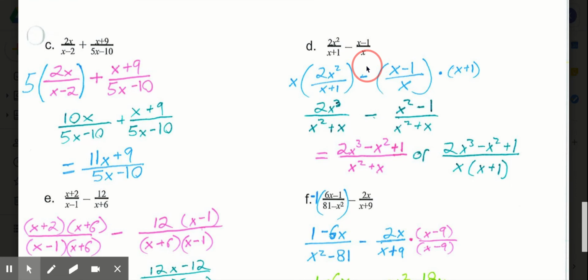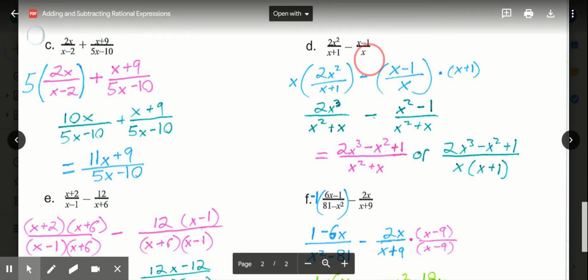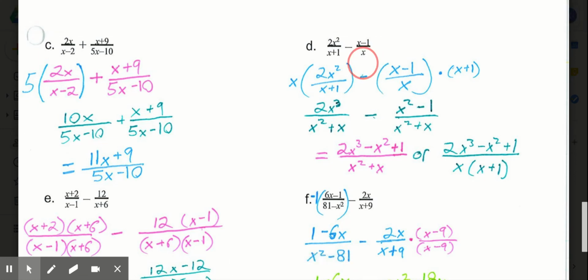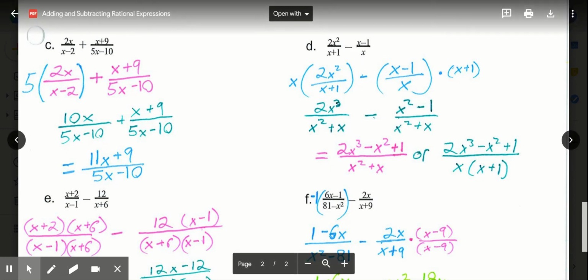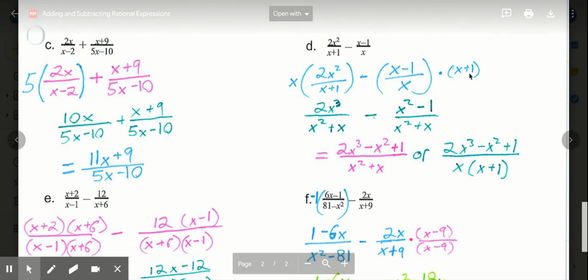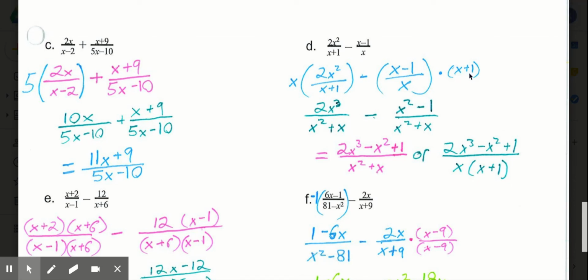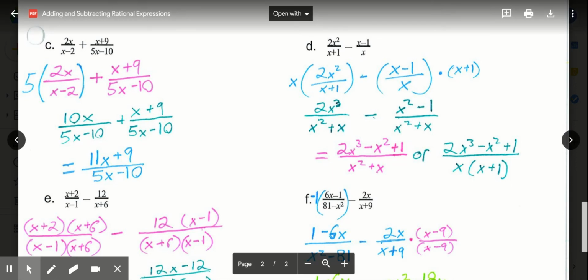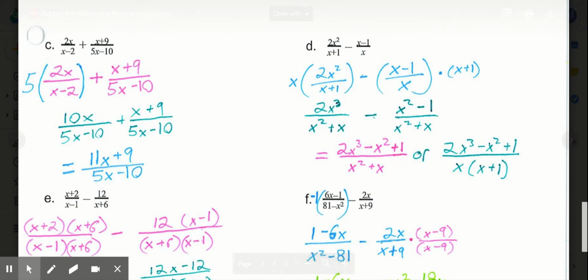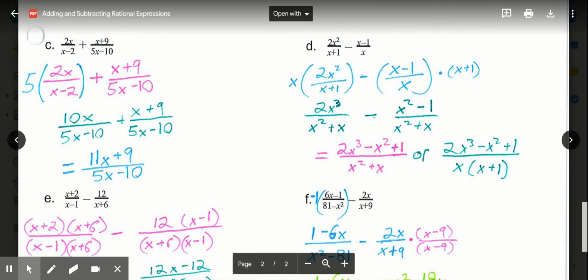In D, our denominators are x plus 1 and x. So if you can't think of an easy way to come up with a common multiple, you just multiply the two fractions by the other one's denominator. So on the left, we're multiplying by x, and on the right, we're multiplying by x plus 1. So we do our multiplication, and we end up with 2x to the third over x squared plus x minus, and then do our foiling on top.